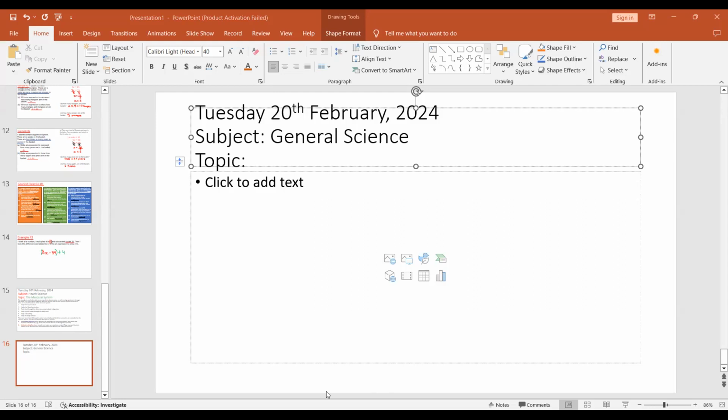Physical change is when the substance is changed, but it's still the same thing. Chemical change is when the substance is changed, but it's not the same. Very good, a new substance is formed.